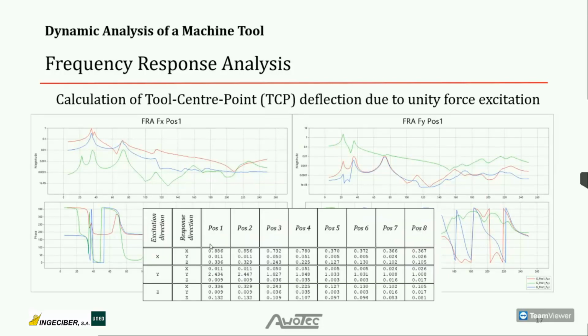So here is the according table shown, have a look at the column position 1 with the y excitation, and there we see that, for example, we have a response amplitude of 2.4 millimeters, while the response to the x excitation is just 0.88. So it's more than double related to the x excitation direction. So this indicates that the weakest direction is the y direction.